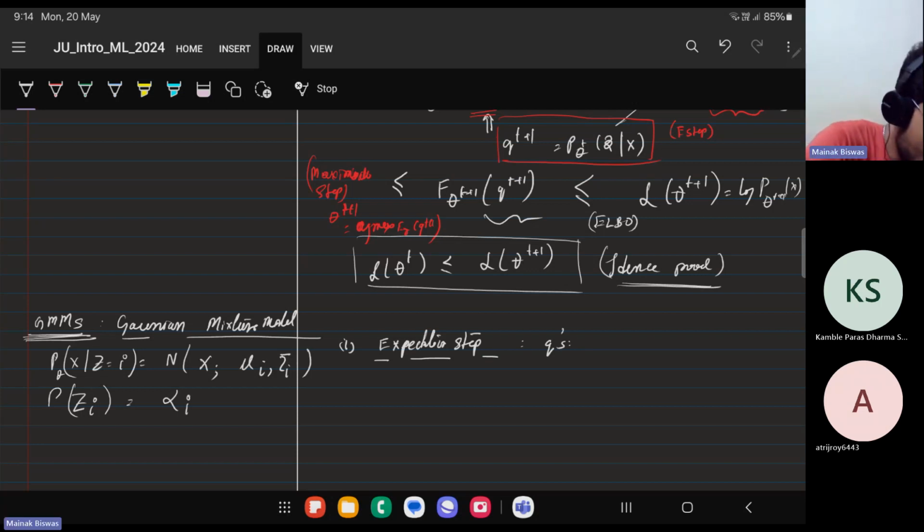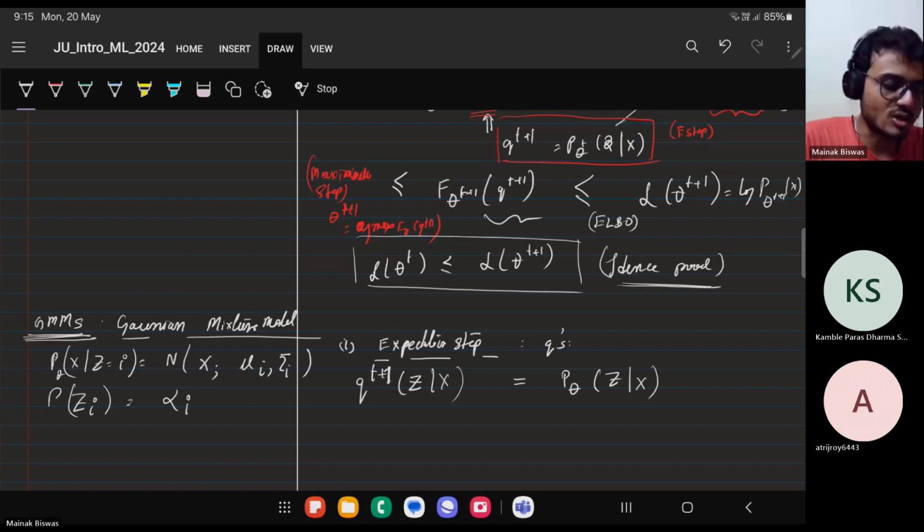So q, at the t plus 1 instant, for z equal to i given x, what did we say was equal to p theta of... tell me, what did we say in the expectation step? So this is the general case, which always holds, right?